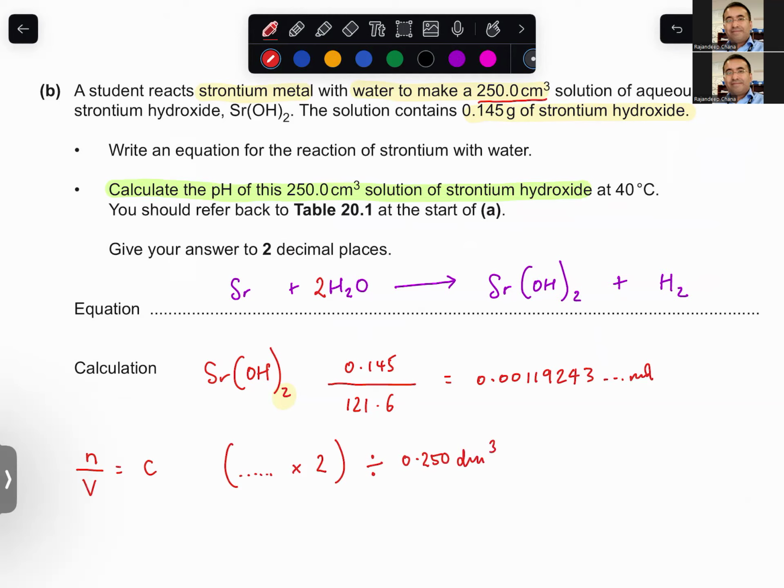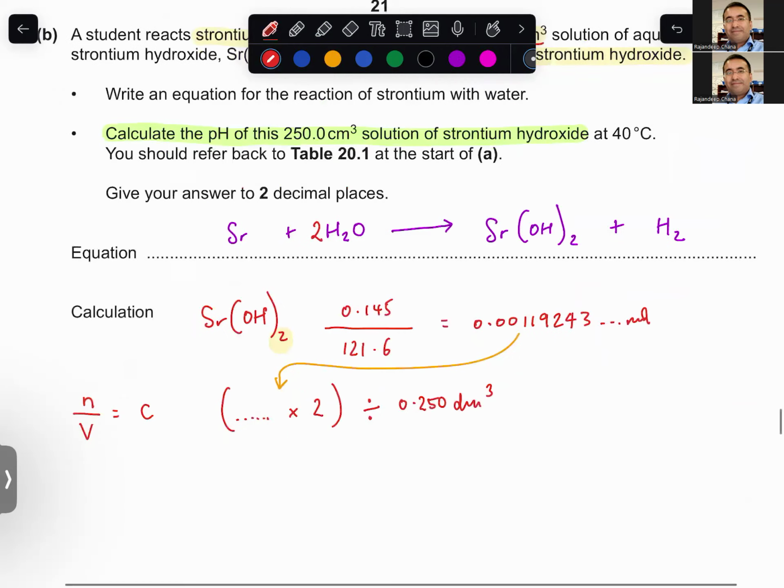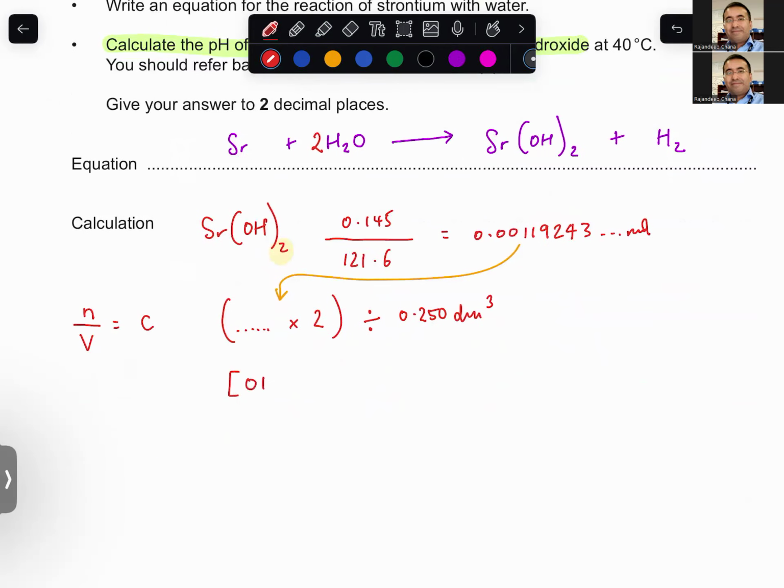So multiplied by 2, this answer, and divided by 0.250, this gives us the concentration of hydroxide ions. Notice I'm not rounding up. We round up at the end answer.